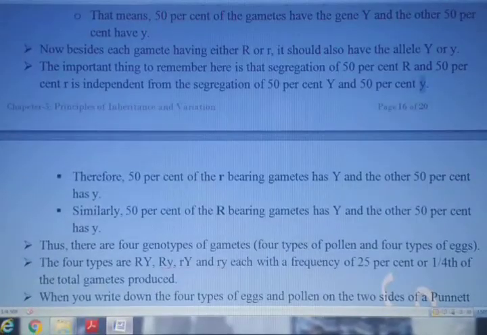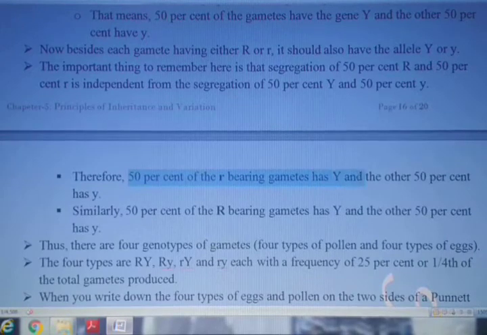That is why 50% of small r bearing gametes have one Y and the other 50% have small y.